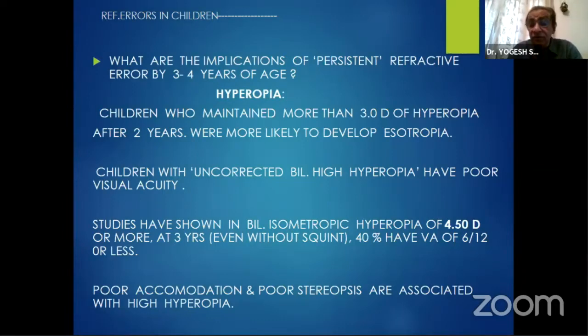You can see that article. Poor accommodation occurs in high hyperopia, and then a vicious circle starts, with a cascade of complaints and problems.